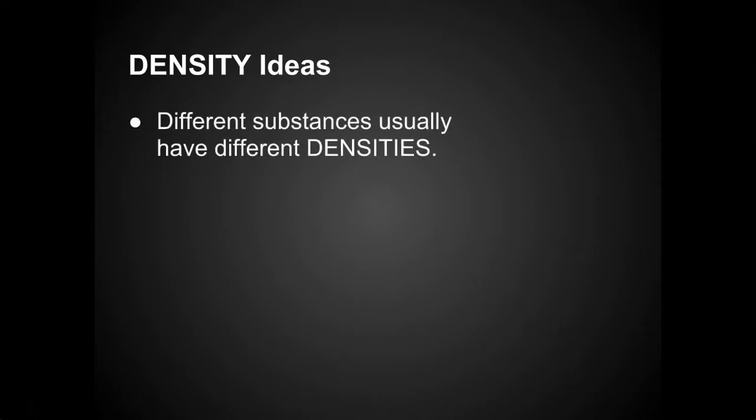All right, so here are some ideas about density. Different substances usually have different densities, and this could be used to identify certain substances. Say you had a sample of a metal or a gas or really any matter, you could figure out, or at least get an idea of, what that substance is made of based on its density.